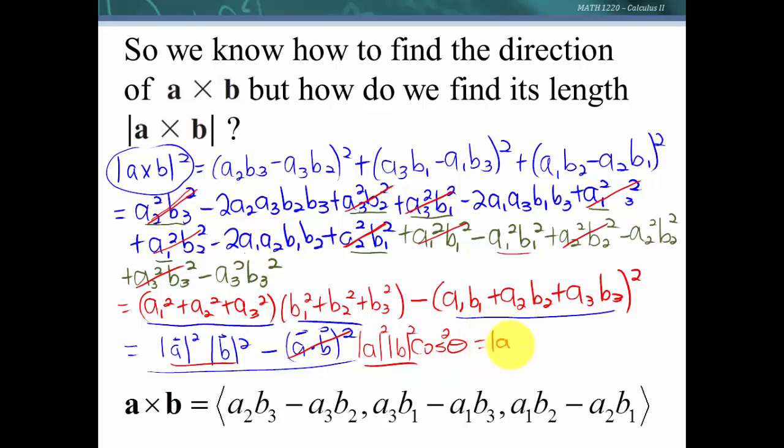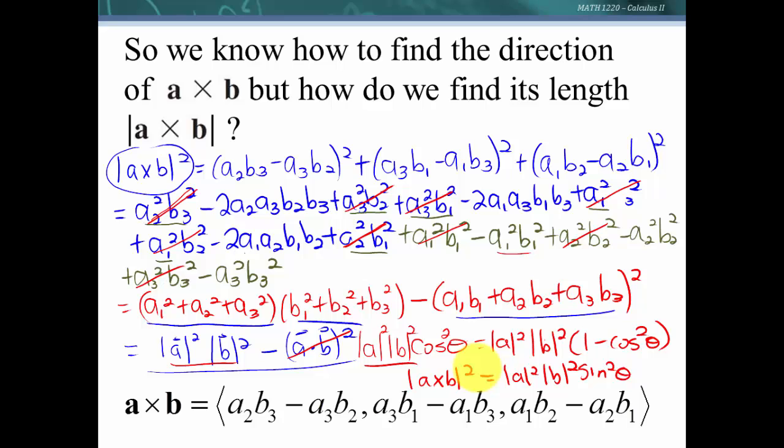So we have magnitude of A squared, magnitude of B squared, and then 1 minus cosine squared theta. Now we could replace this with sine squared theta, and then we'd have magnitude of A squared, magnitude of B squared, sine squared theta, and what we started out with was the magnitude of A cross B squared.